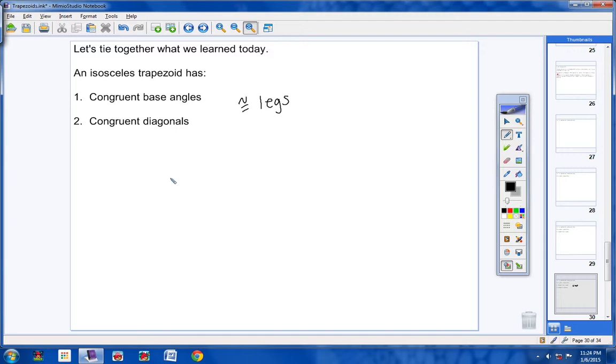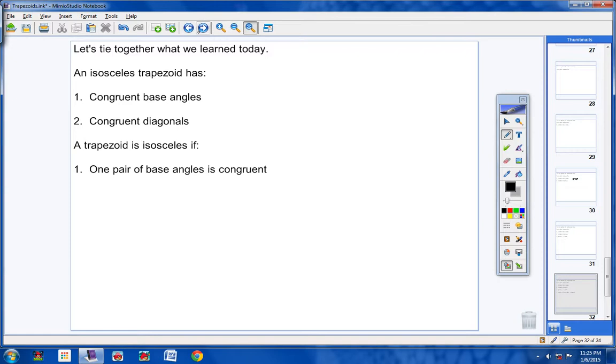Okay? Copy that down, please. I'm just trying to tie everything together at the end of this lesson. A trapezoid is isosceles if one pair of base angles is congruent, diagonals are congruent, and there's another way too I should have written down, if the legs are congruent.